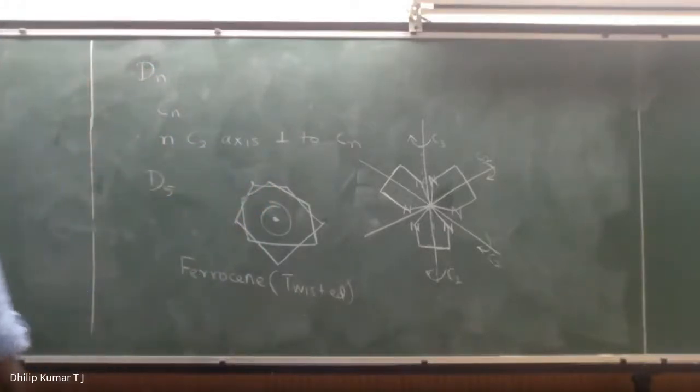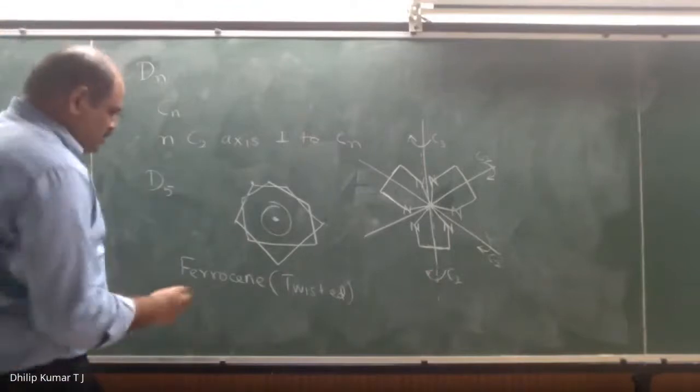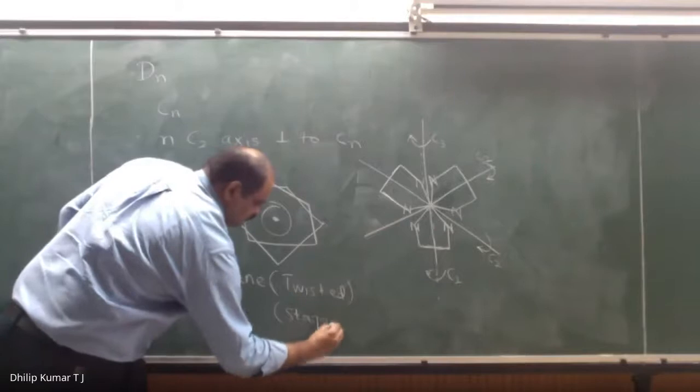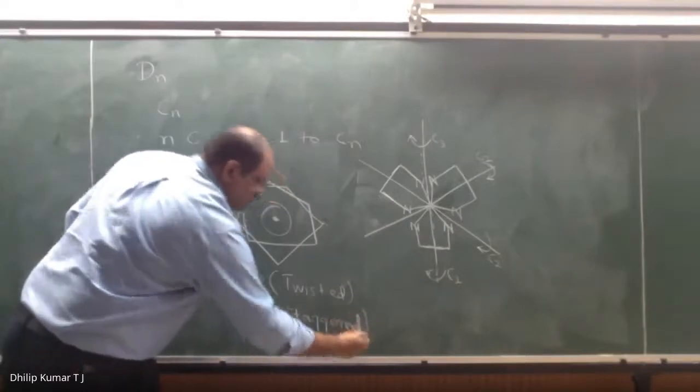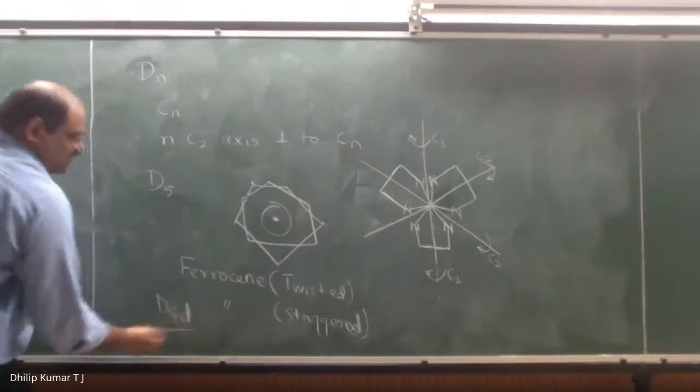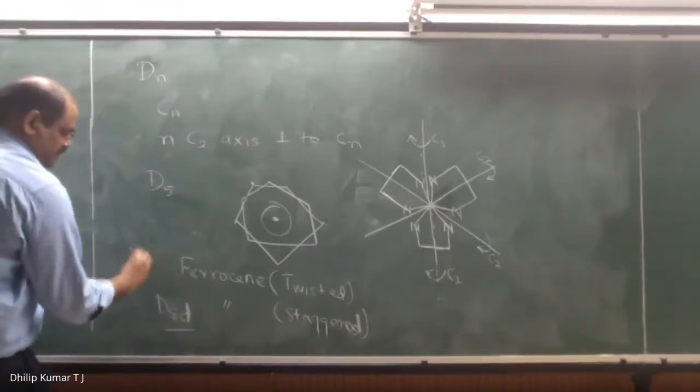So that is called twisted. That is also called ferrocene staggered. So that is basically D5d. But twisted is generally D5 only.